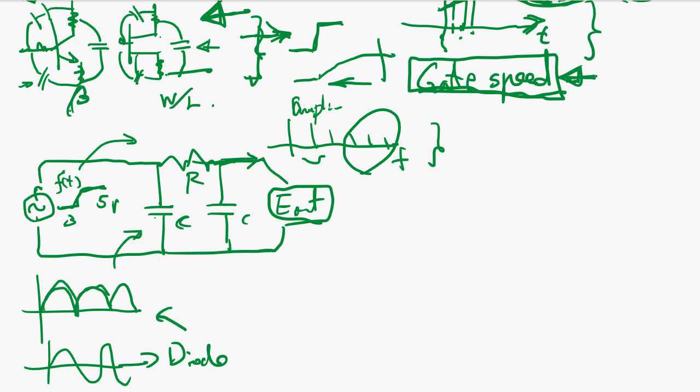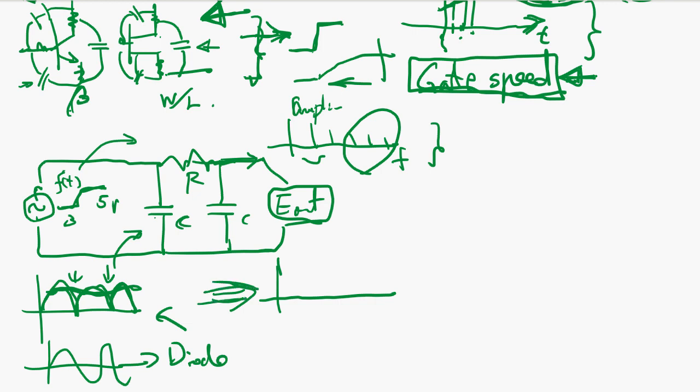This low frequency is like this, and the high frequency is going to be here. So the low pass filter is low only pass, then the high frequency is going to disappear. It doesn't contribute to the E out.